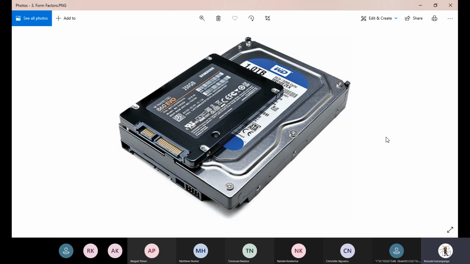And the one you see on top, the 860 Evo from Samsung, is a typical example of what a 2.5 inch would look like. One would be associated with your laptops, and the other is more common in your desktops, though desktop environments still provide connectivity for both 2.5 and 3.5, 3.5 being the most common. And laptops are strictly within the 2.5 environment when it comes to these traditional drives.